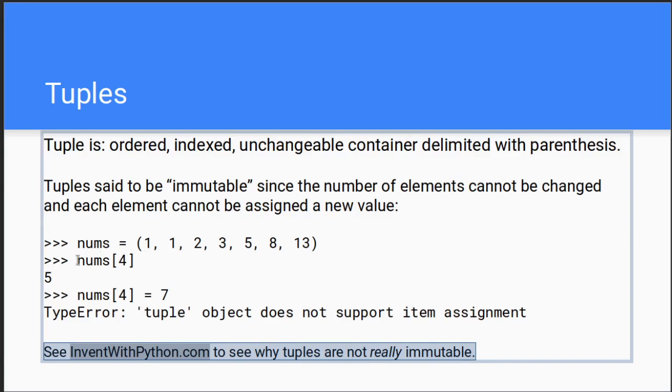So same thing, you can index tuples, index 4, 0, 1, 2, 3, 4. And you can set it to 7. Oh, no, you can't. It's unchangeable. The so-called immutable type.